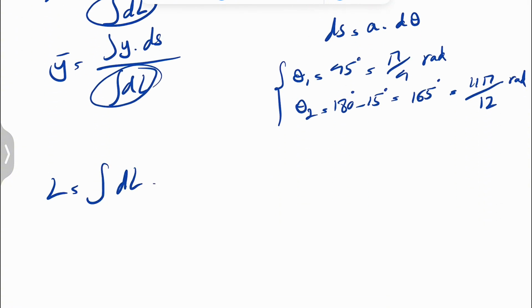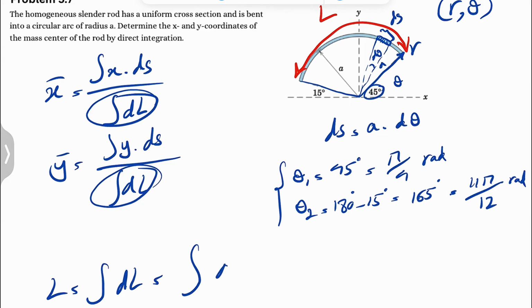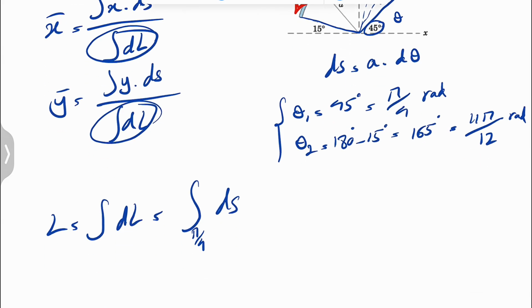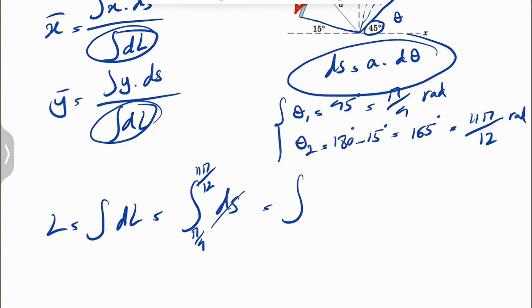So the integral of dL, which is going to be the integral of ds moving from 45 degrees, or pi divided by 4, up until 11 pi over 12. So what we call ds was basically what we defined in here, a d theta. So a times d theta.